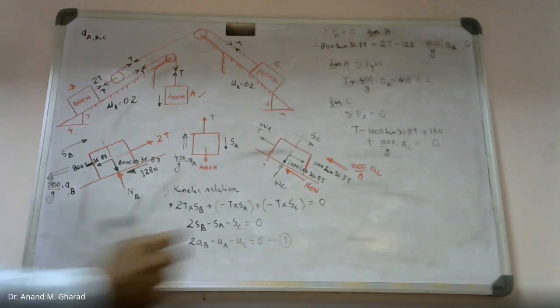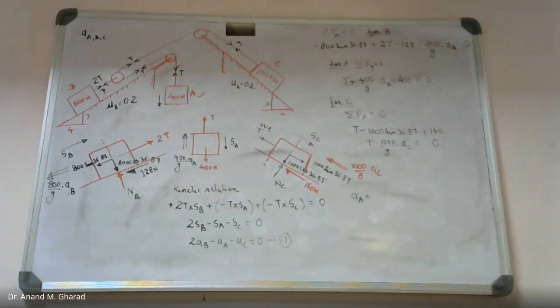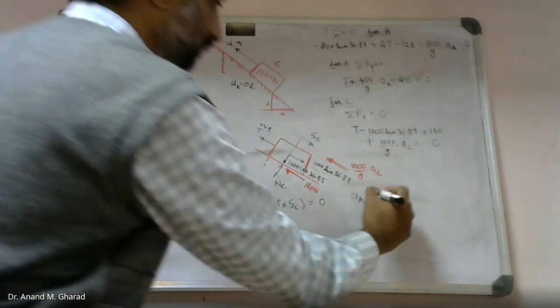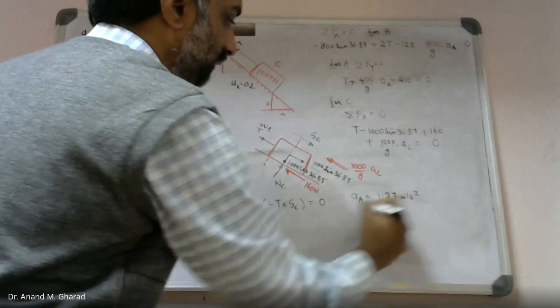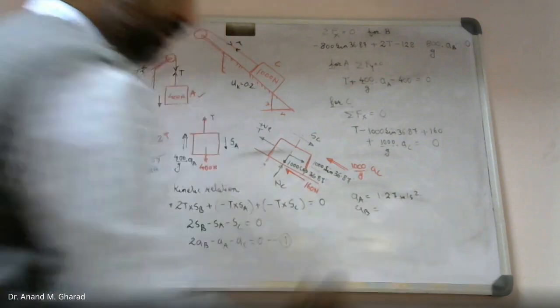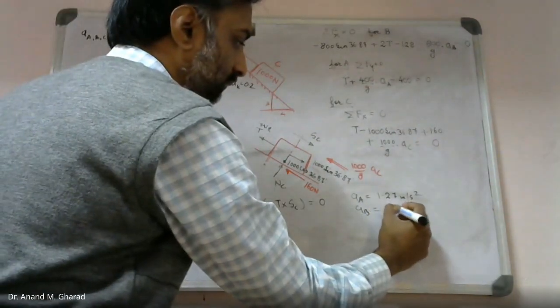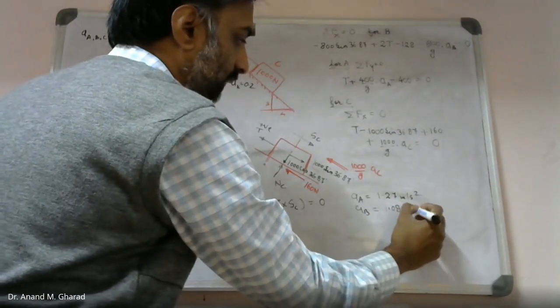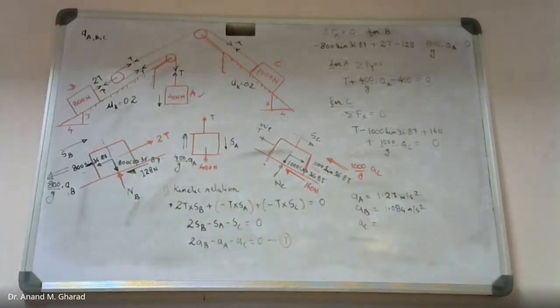You can check the values for AA. It comes out to be 1.27 meter per second square. AB comes out to be 1.084. And AC, this is 0.9.